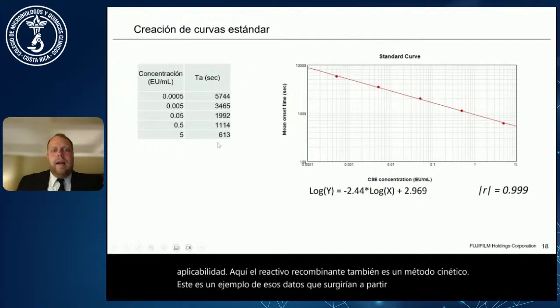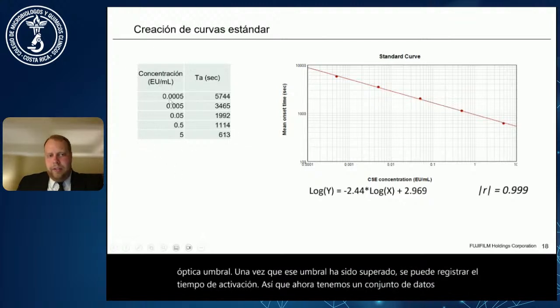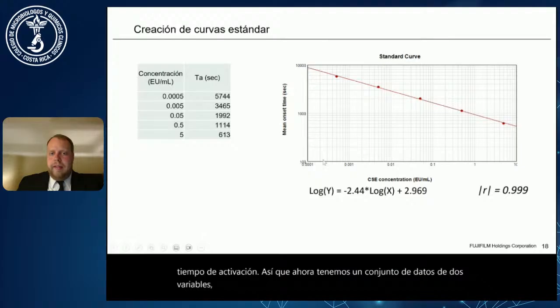This is an example of that data that would come out based off of that threshold optical density. Once that threshold has been crossed, an activation time can be recorded. So now we have a data set of 2 variables. The concentration for our standard curve becomes the dependent variable. The activation time becomes our independent variable.